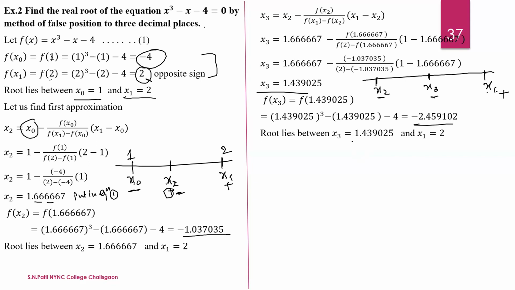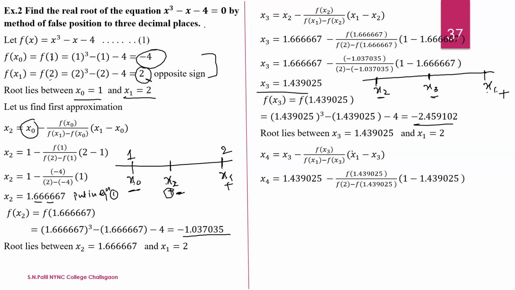Now the next iteration. Instead of x2, write x3 and keep x1 as it is. Substitute the values of x3 and x1. Now substitute the value of its image. The image of f of 1.439025 is minus 2.45910. Substitute also the image of f of 2.